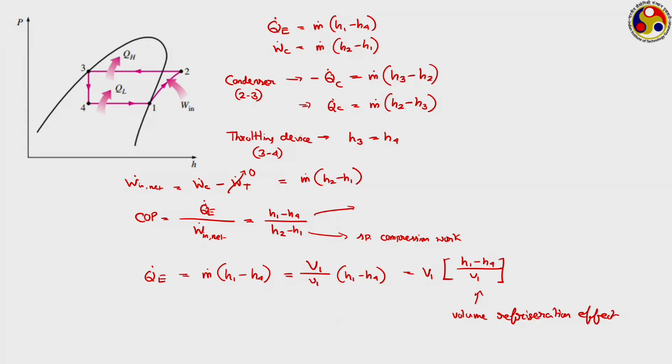While the refrigeration effect is represented in terms of kilowatt, this is kilowatt per unit specific volume, or tons of refrigeration per unit specific volume.